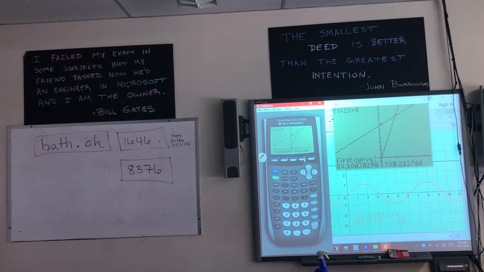So I'm going to move my cursor to where I think the intersection is, and I hit enter. Then it jumps me to the second curve. I hit enter again, close to where I think they intersect. And it's going to ask me to guess. I don't know why it says guess, because it's going to find me the answer. 1.1428571.